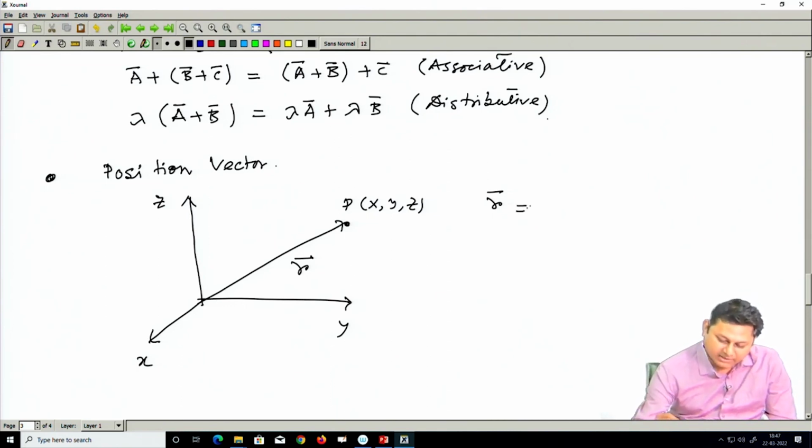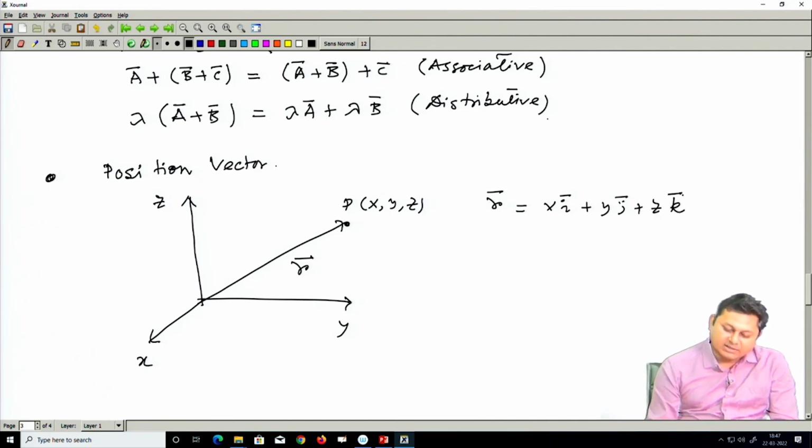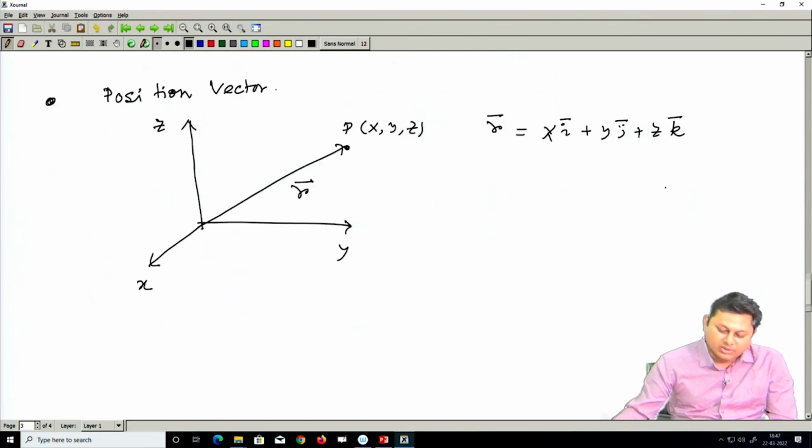The r vector is defined in this way: x i plus y j plus z k, where i, j, k are the unit vectors along x, y, z. Normally we write in i, j, k form. It can also be written as E1, E2, E3, but for the Cartesian coordinate system we normally use i, j, k.